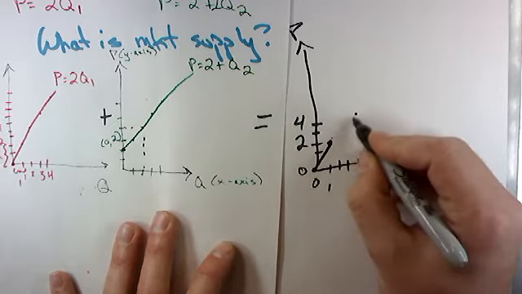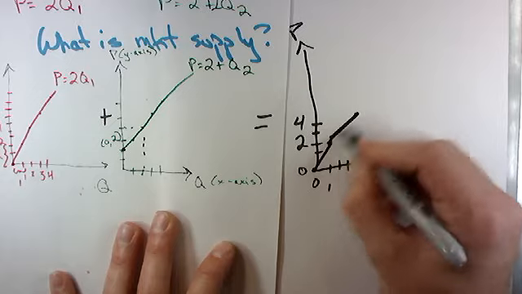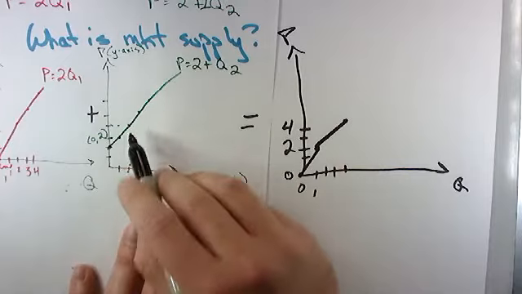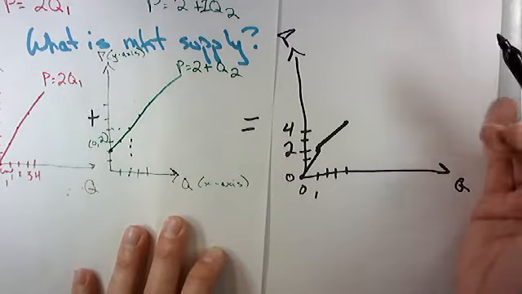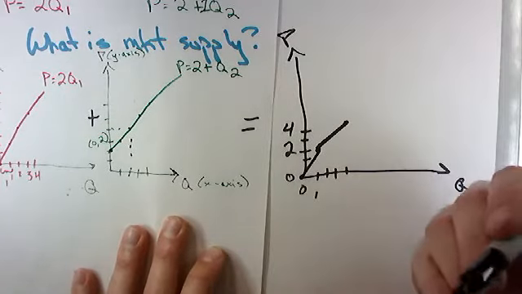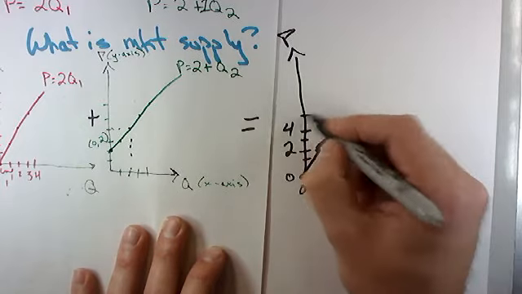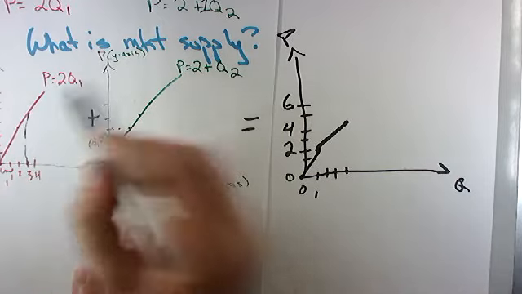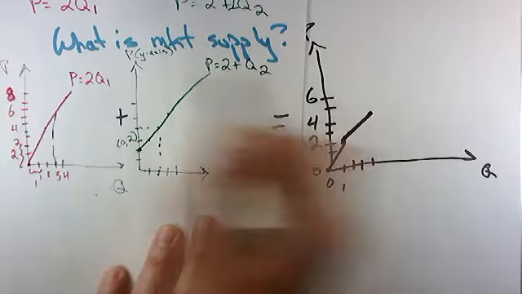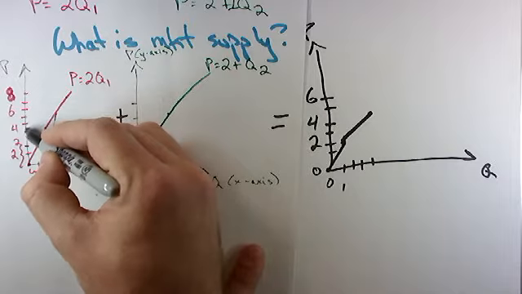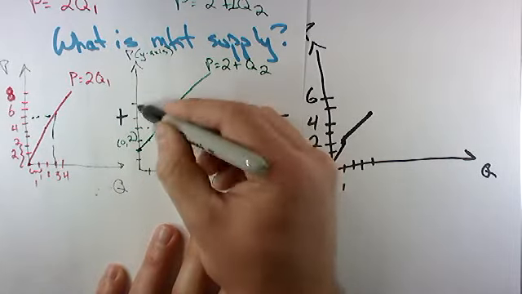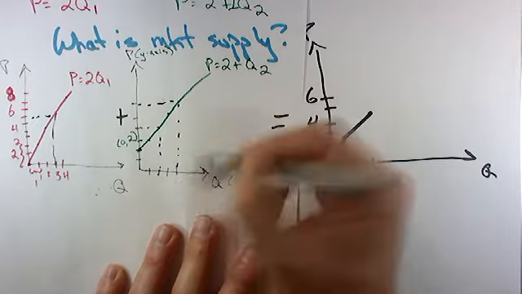And so we see that there's a bit of a change in the slope once that second firm comes online. Once they're both online, the slope's not really going to change, but there's still this adding behavior. So if we go up to 6, at 6 we had 3 over here, and over here, 1, 2, 3, 4, 5, 6, that is 4.